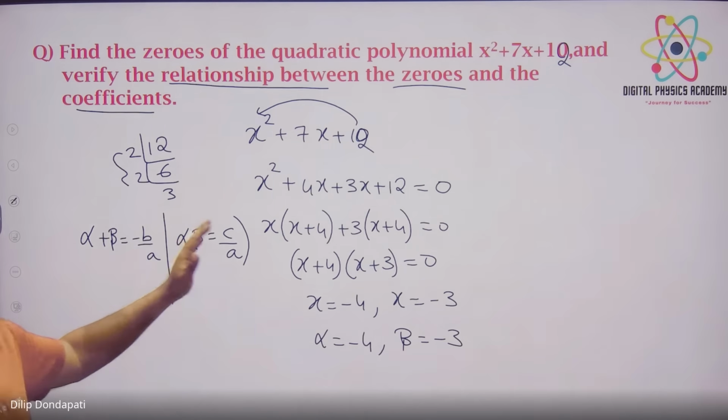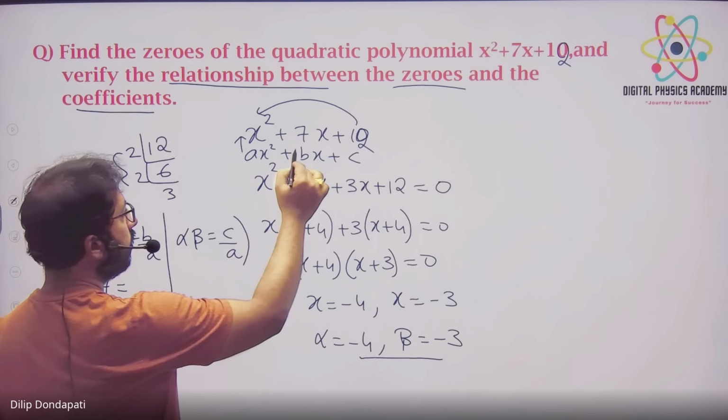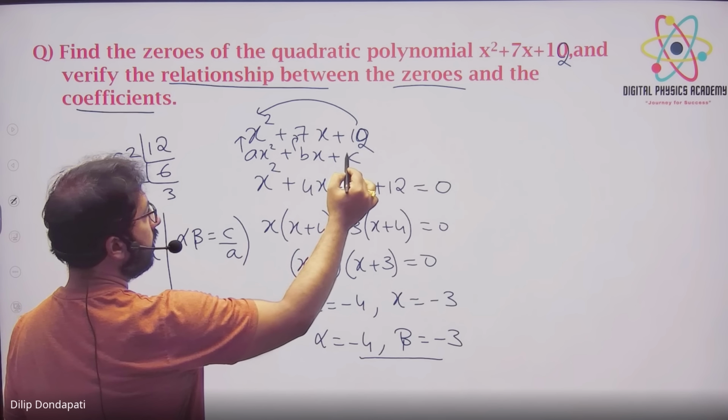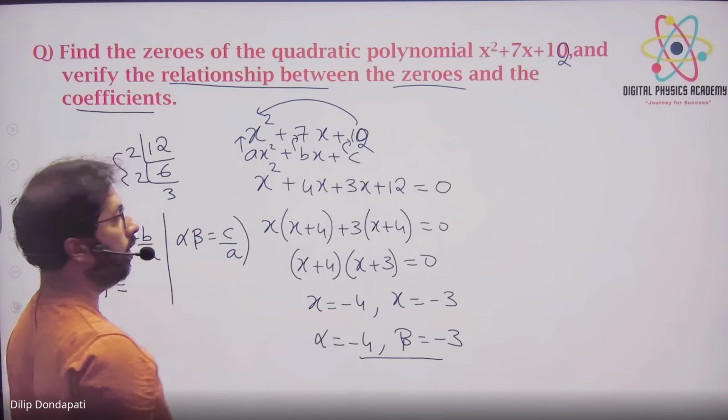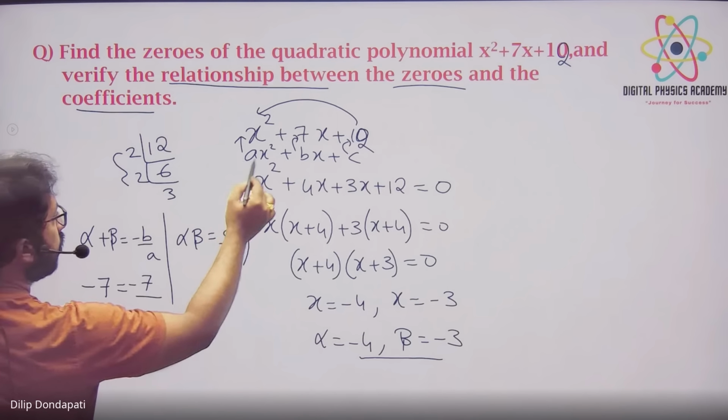Is equal to you compare with ax square plus bx plus c, right? Now a value is how much? 1. B value is 7 and c value is 12, right? Now tell me minus b by a means minus b is how much? 7 by a is how much? 1.